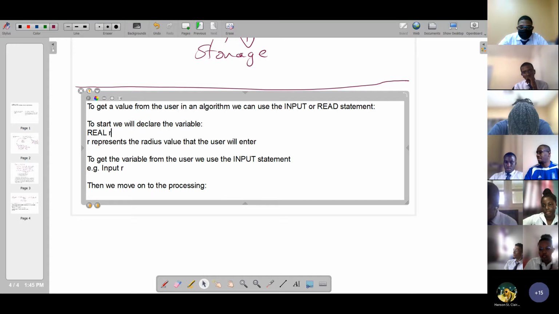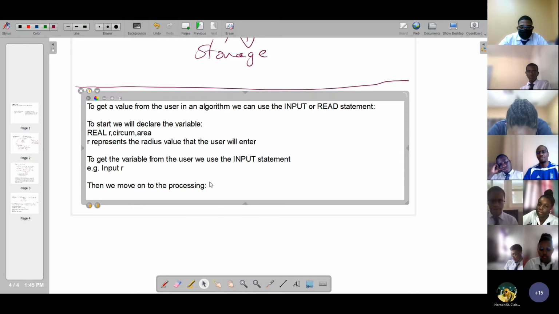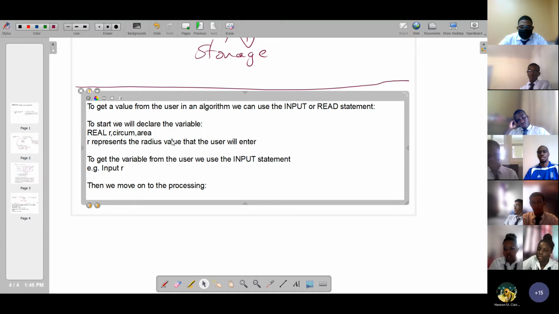Let's name it circum, because I can't remember how to spell the whole word, circumference, and then we have a nice easy word, area. Okay, so we have circumference and we have area also, and those variables are now there to assist us with the processing, because when we process our information, we need to have some value to store that information in.